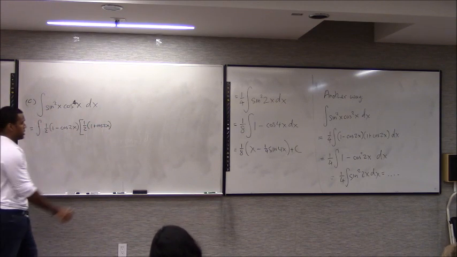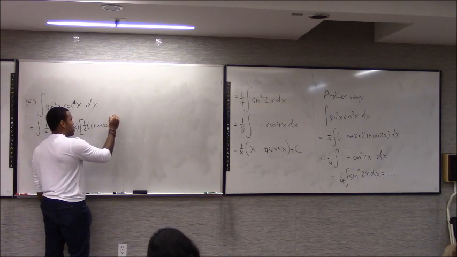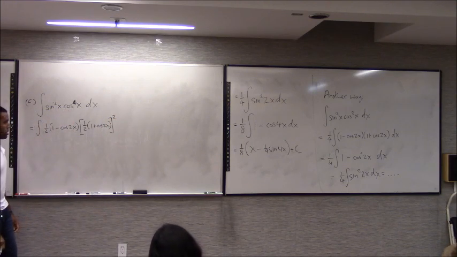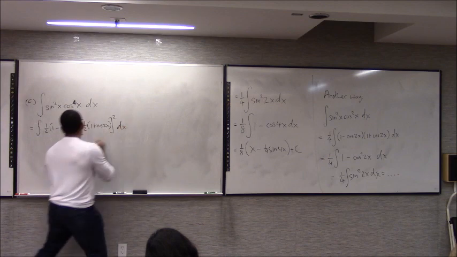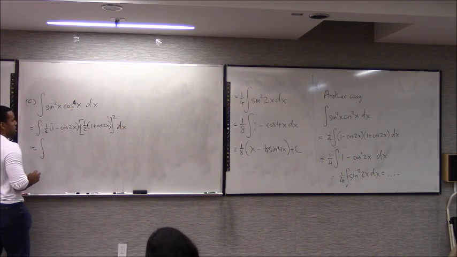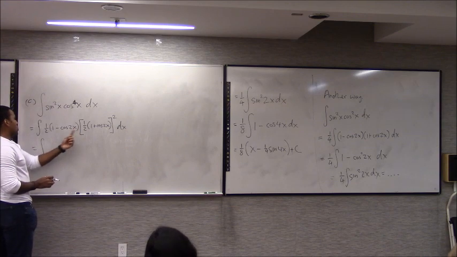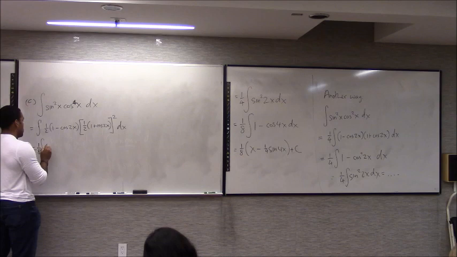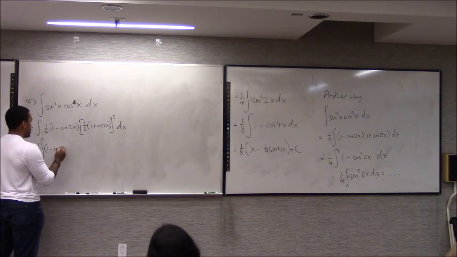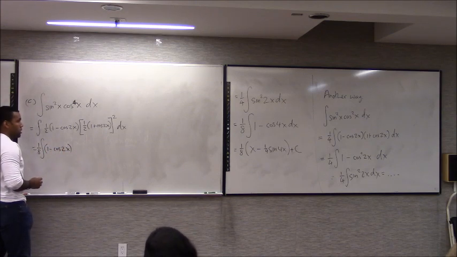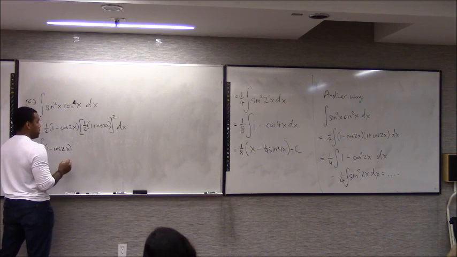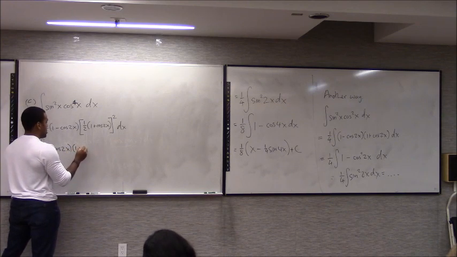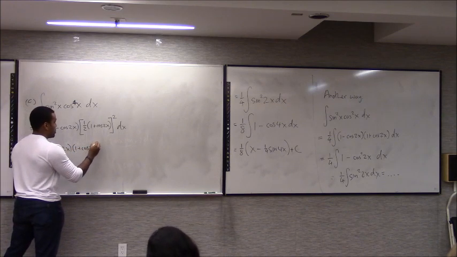That will give me the cosine squared, and then I'm squaring that, so that's what that's going to look like. And now it's just a matter of very annoying algebra. The half square is going to be a 1/4 times the half over here, that's going to give me the 1/8. This is going to be 1 minus cosine 2x, and this is going to be 1 plus cosine 2x squared.